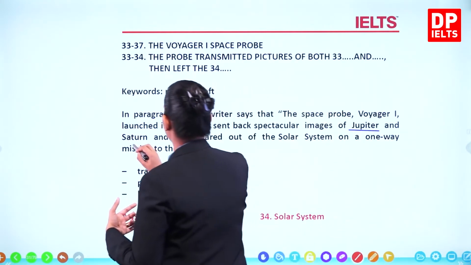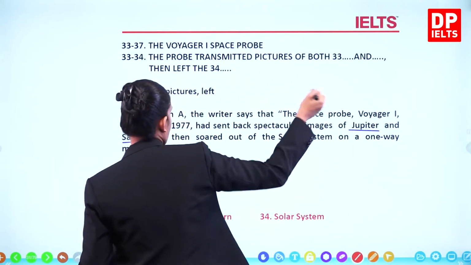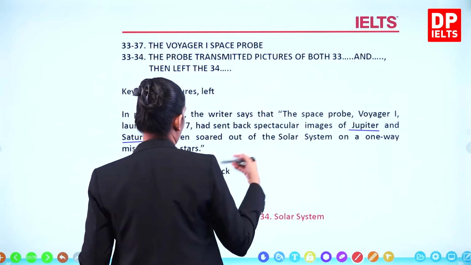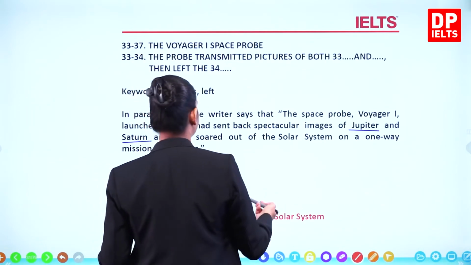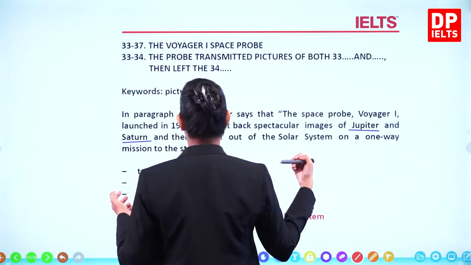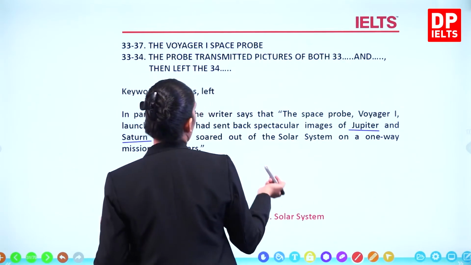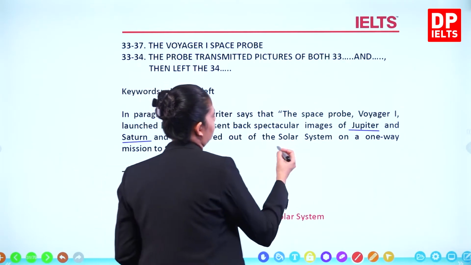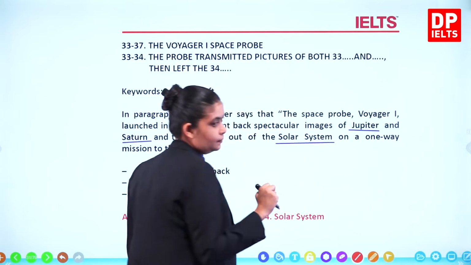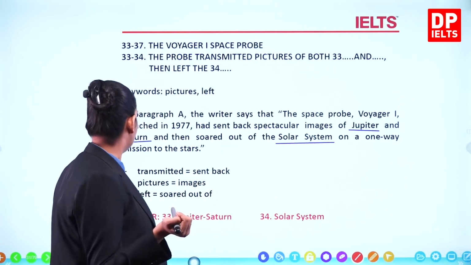Jupiter and Saturn. So 33 should be Jupiter and Saturn. And then soared out of the solar system on a one-way mission to the stars. Soared out means left. Left the what? Solar system. So very clear. Right?